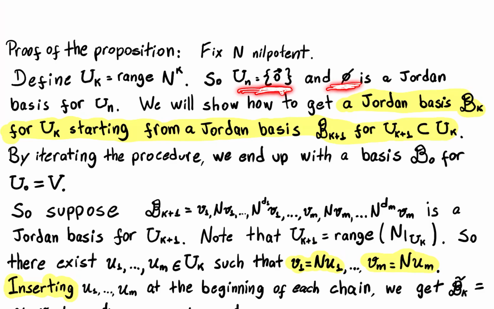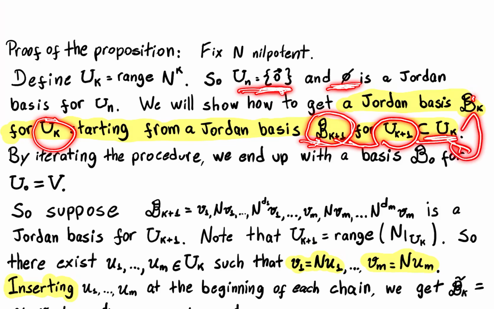So all we have to do is, starting from a Jordan basis for the space U_{k+1}, how do you go down from k+1 to k? So from having a basis B_{k+1} for U_{k+1}, which is a subspace of U_k, we're going to construct a basis B_k that works for U_k.